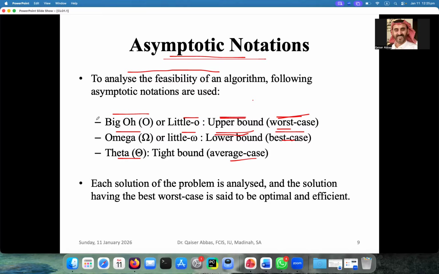So now, if we have a problem, we can find different solutions for that problem, and then we can analyze those solutions individually, separately.